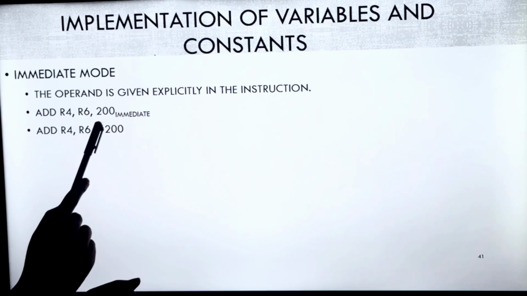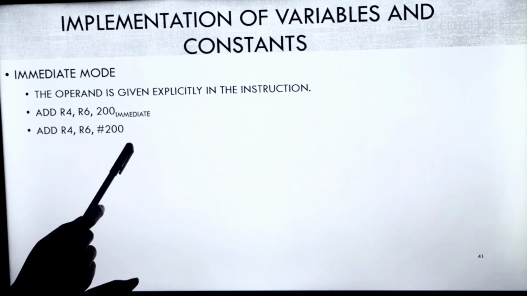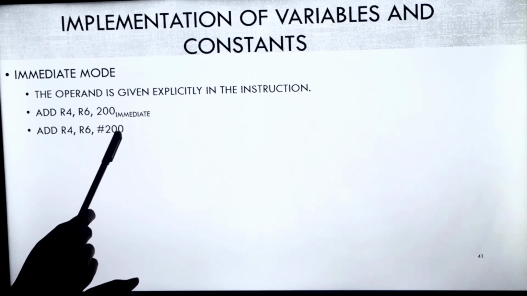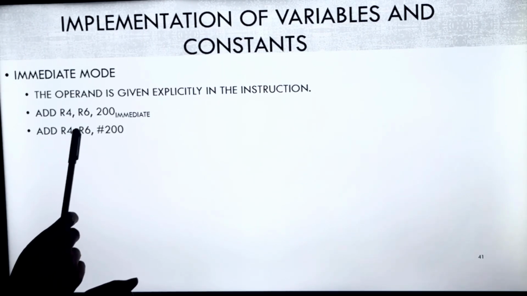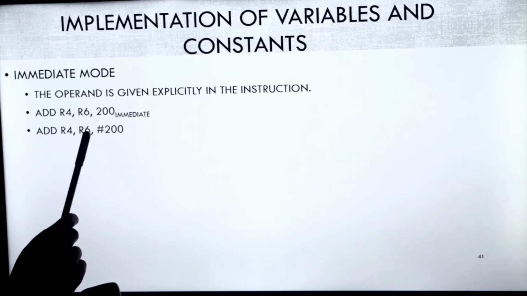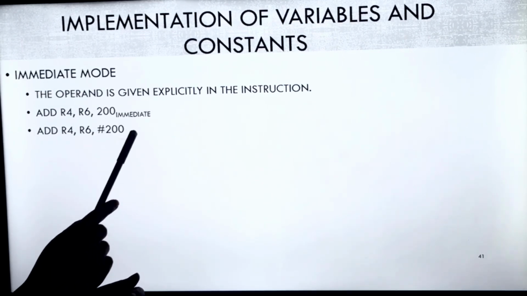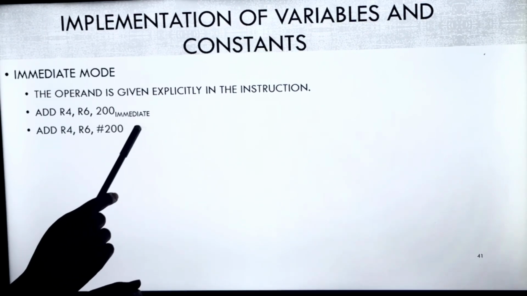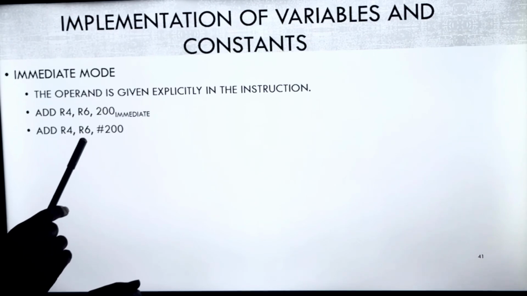No need to store this value in some register and then add with that register. You understood that, right? Suppose I want to add 200 with something in R6. Suppose R6 already has 200 or 250 and I want to add 200 more. I have two ways. One way is I first store this 200 to some register, say register R5 equals 200, then I do add R4, R6, R5.